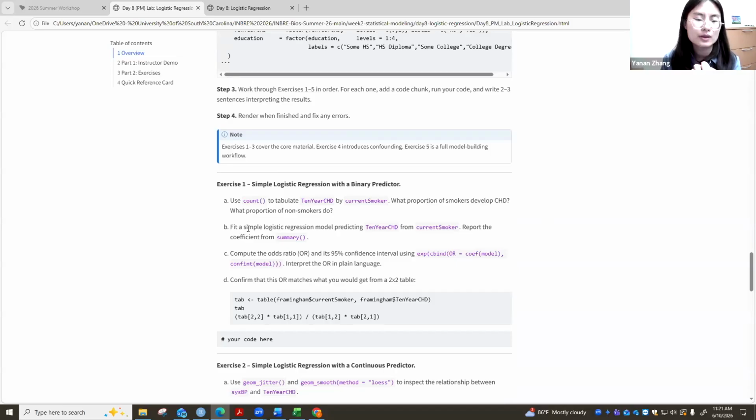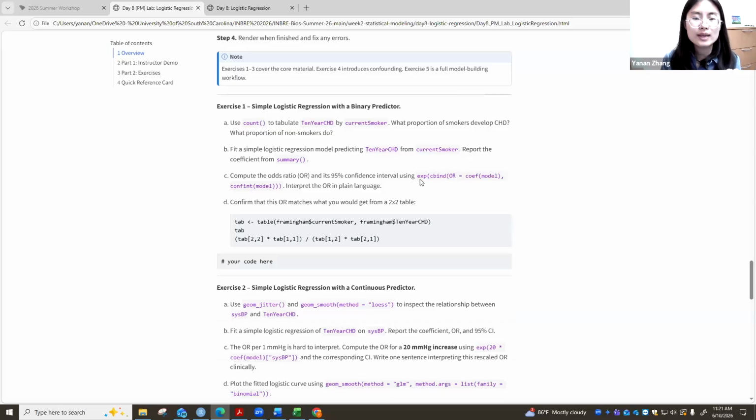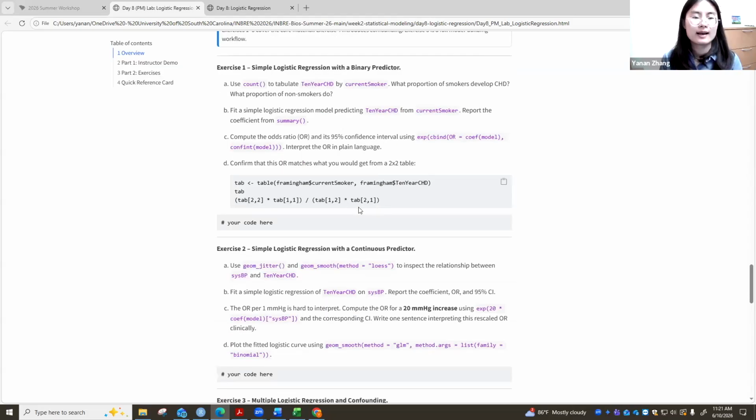Then let's fit a logistic regression where the outcome is the disease and the predictor is current smoker. And then we get the odds ratio and 95% confidence interval for the odds ratio. We can skip part D for now.